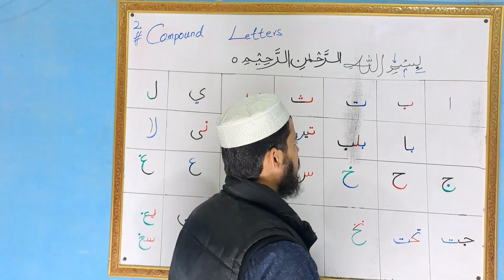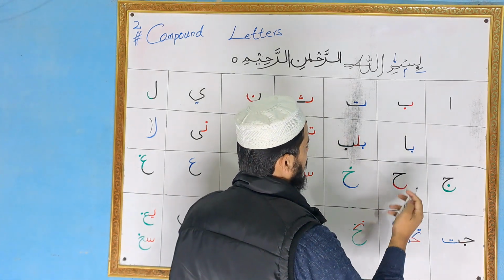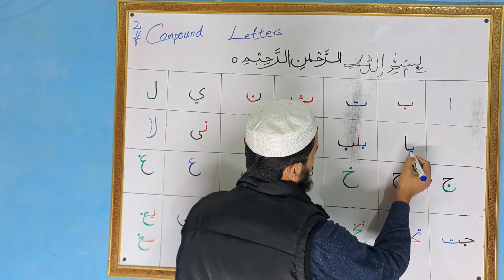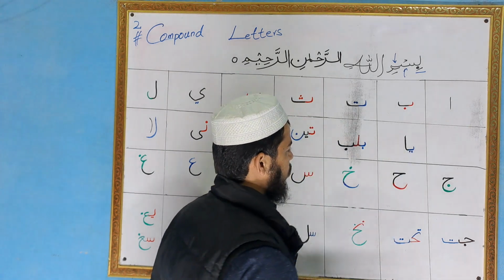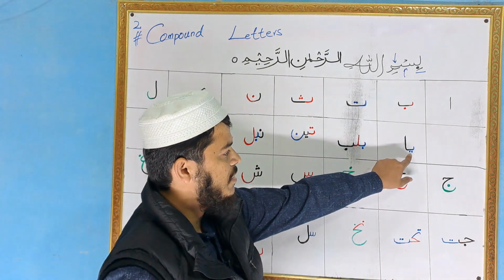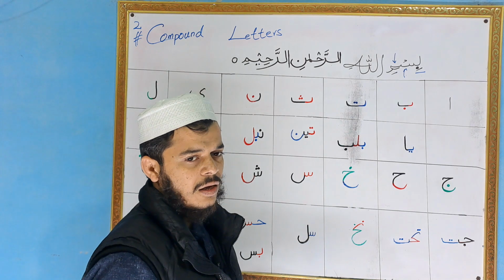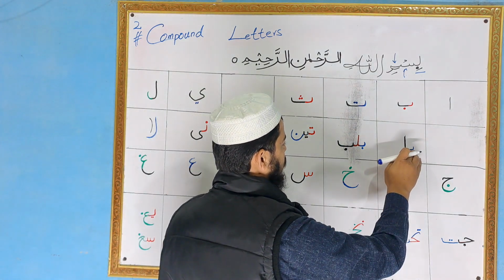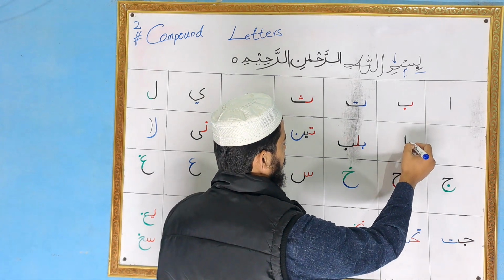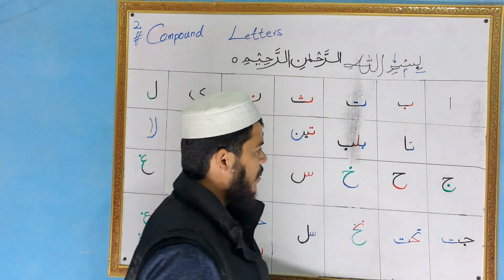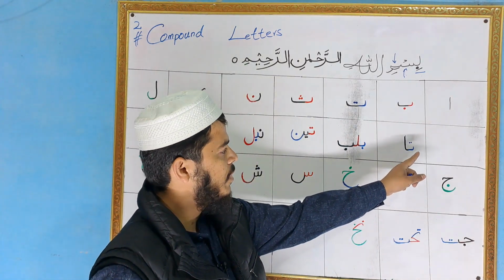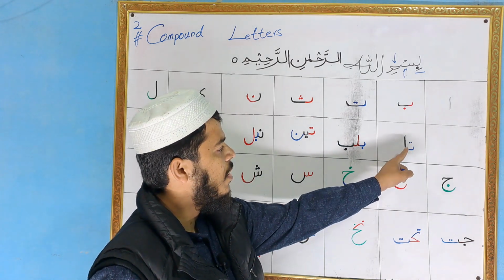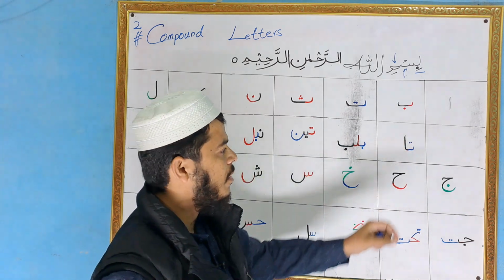If you simply change the placement of the dot, let's say I'm going to make another dot. So now we will read this letter as ya alif. And if I put two dots on the top, then the same letter will become ta alif. Got it?